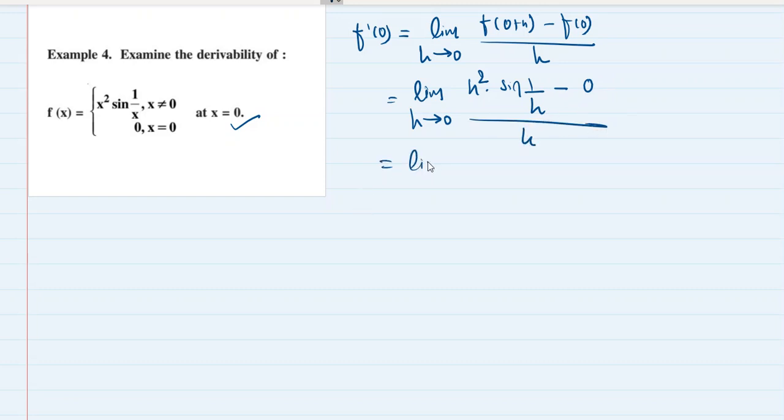So this becomes limit when h tends to 0 of, see, this h square and this h will cut and we'll get h multiplied by sine 1 by h.